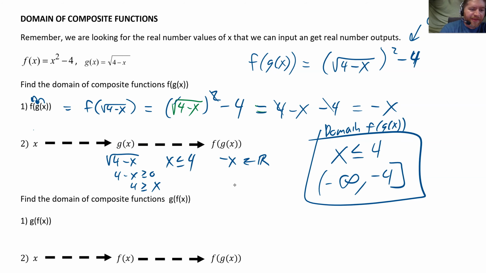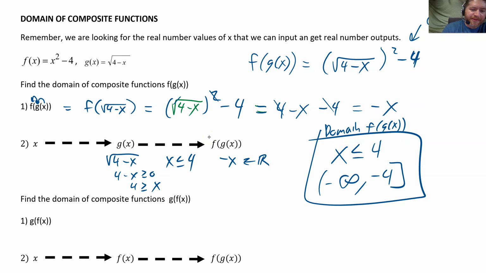So like this. If we were going to take just some random number 2, you would get g of 2. And if we plug that into that g of x, we get square root of 2. See, it works perfectly fine, which will then go into this function, which becomes negative 2, because we already know it's negative x. So if x is 2, it's negative 2. Works perfectly fine.